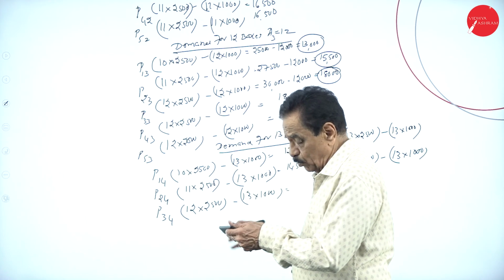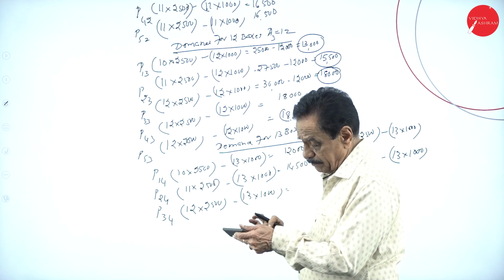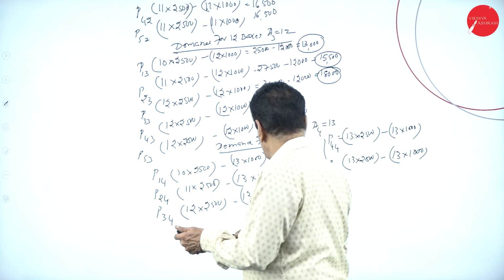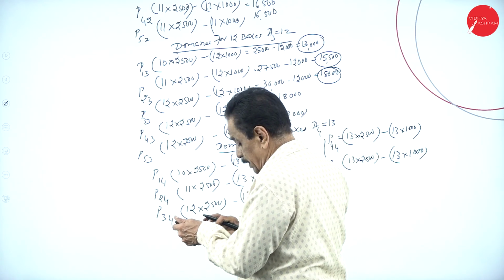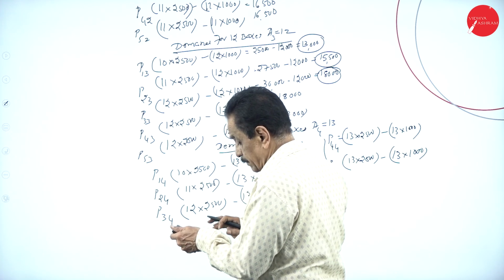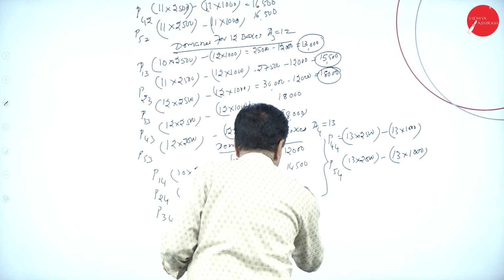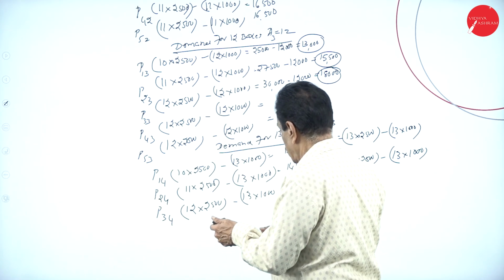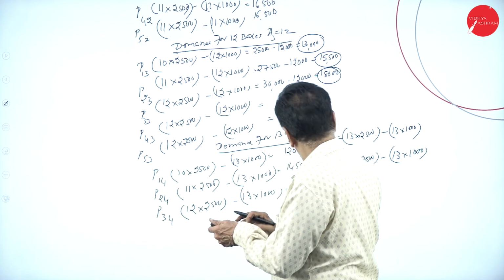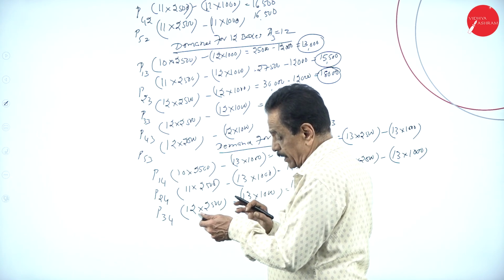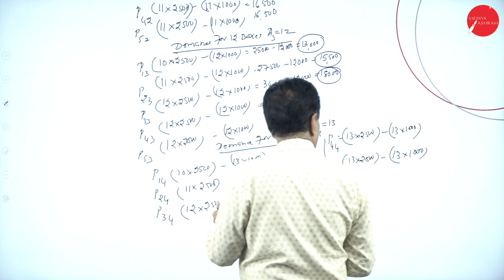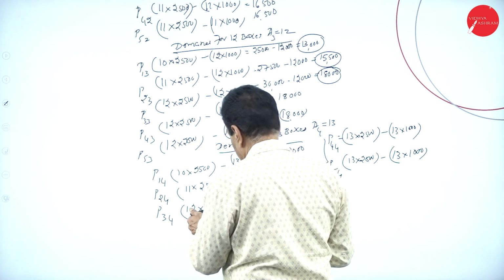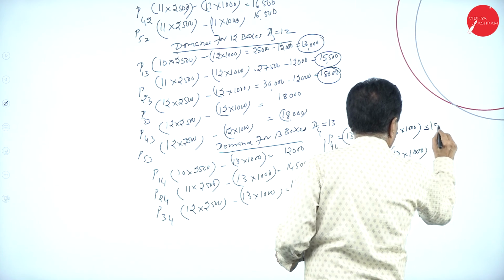So 12 into 2,500, 30,000 minus 13,000, 17,000. Then 13 into 2,500, 32,500 minus 13,000, 19,500.